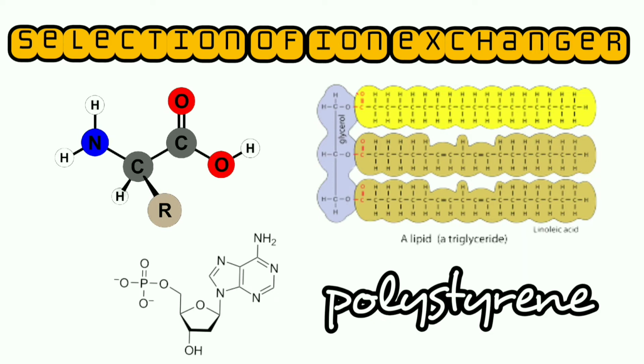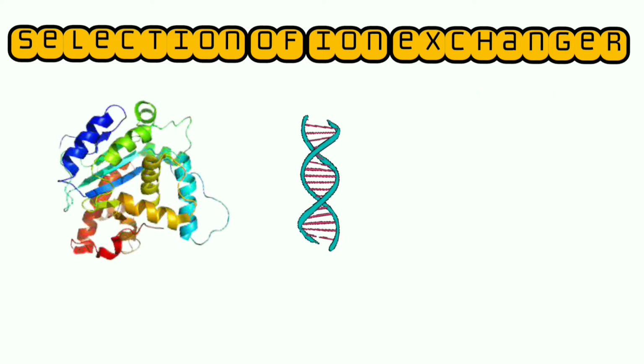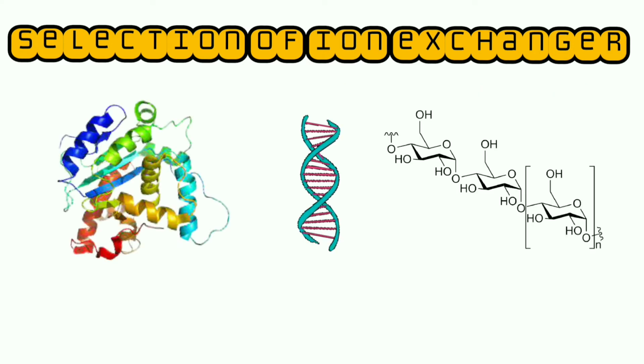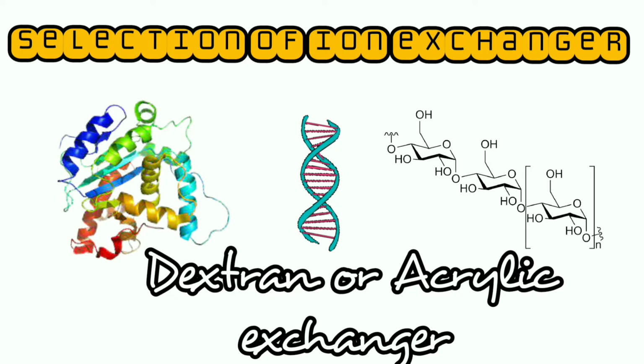They have relatively high capacity for small molecules because the extensive cross-linking still allows access to the interior of the resin beads. For separations of peptides, proteins, nucleic acids, or polysaccharides and other large biomolecules, one must consider the use of fibrous cellulosic ion exchangers and low percent cross-linked dextran or acrylic exchangers.